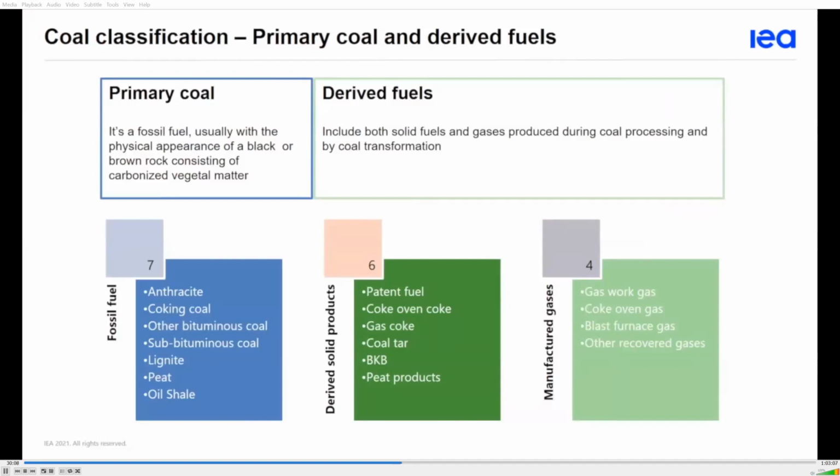We also have derived fuels, just as we had secondary oil products. We can have some derived solid products from activities such as coal tar, coke, or patent fuels, and also some manufactured gases that are some of the outputs of activities in the metallurgical sectors, for example.